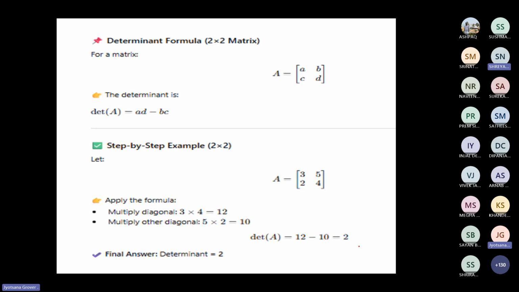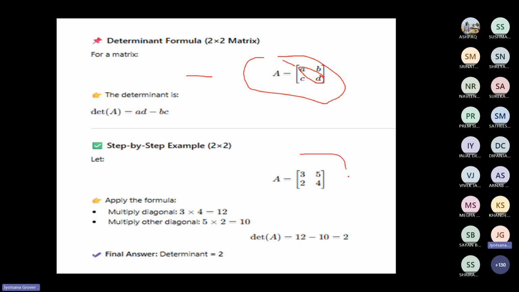Okay, now we'll go to the determinant formula. For a 2 cross 2 matrix, the determinant is AD minus BC.